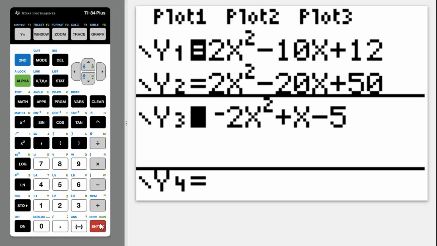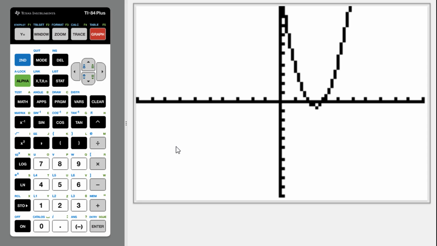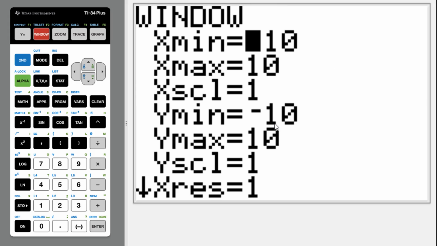Then for y3, I press enter. The equal sign will be unhighlighted. Then you go to graph. It only shows y1. This is the standard window, negative 10, 10, 1, negative 10, 10, 1. The scale for the x-axis and y-axis is 1.